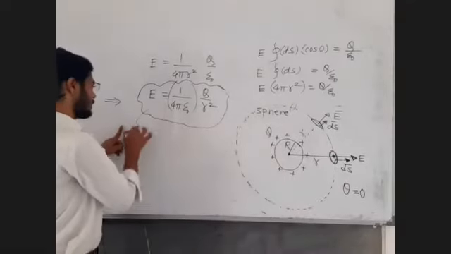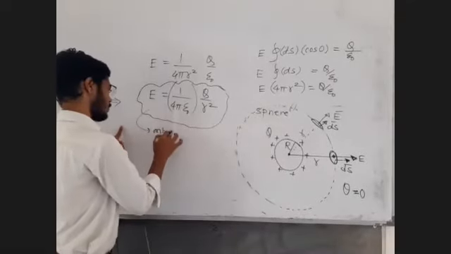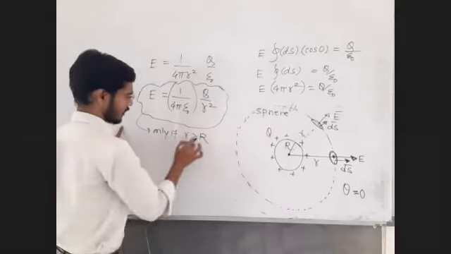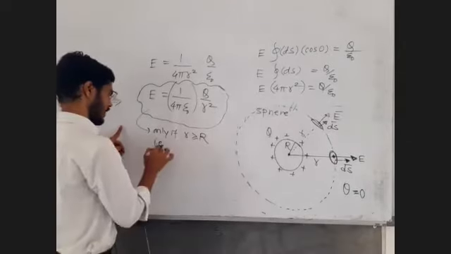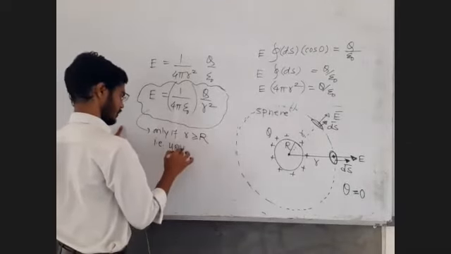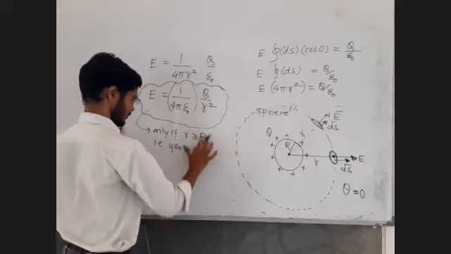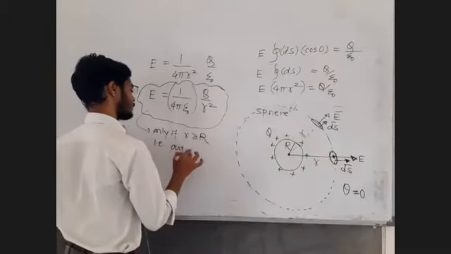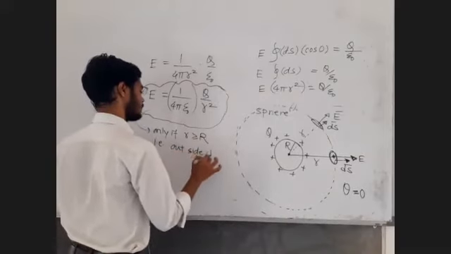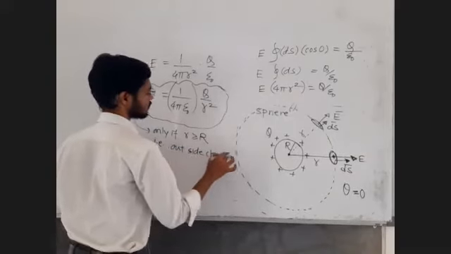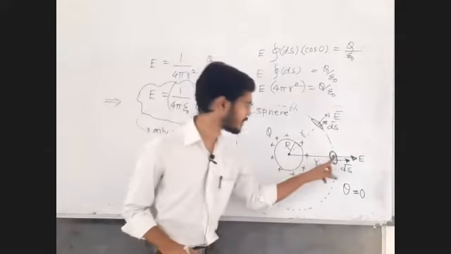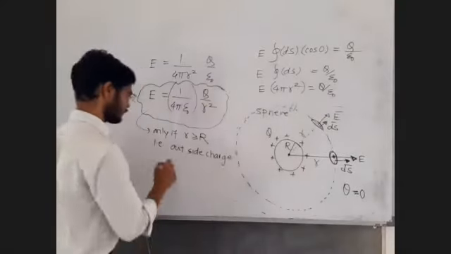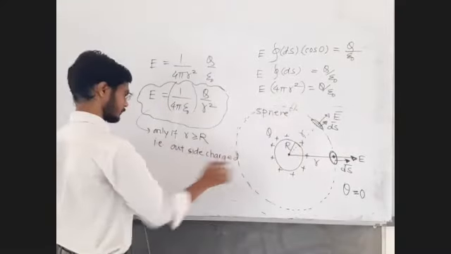This formula is applicable only if small r is more than or equal to capital R, that is, outside the given sphere, outside the charged sphere. This formula is applicable only if the given point where the electric field is to be found is outside the charged sphere.